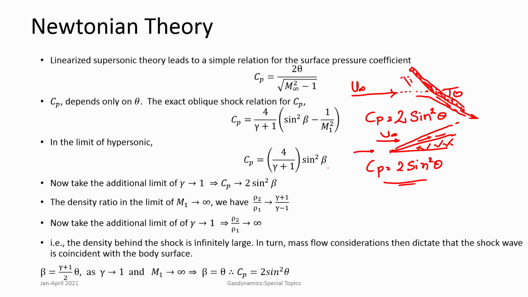And we also saw that at large Mach numbers, beta approaches theta, it is very close to theta. Explicitly if we take the limit that gamma goes to 1, then beta will be equal to theta, and 4 by gamma plus 1 will become equal to 2.